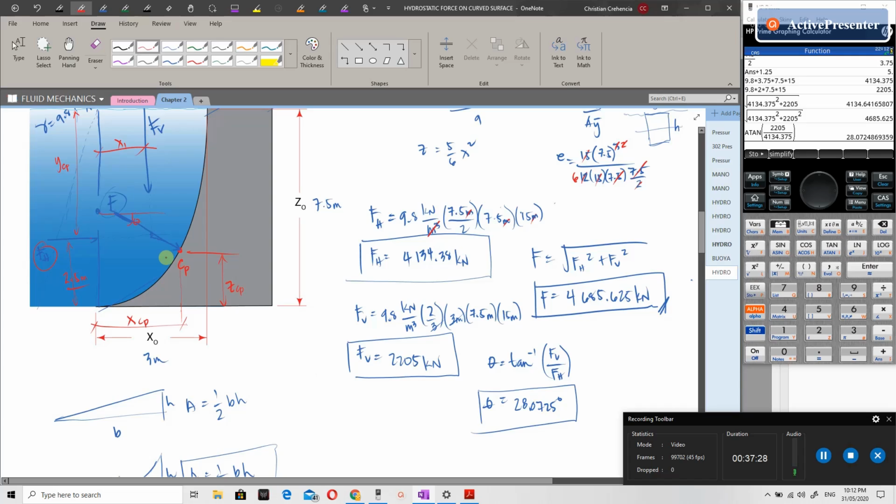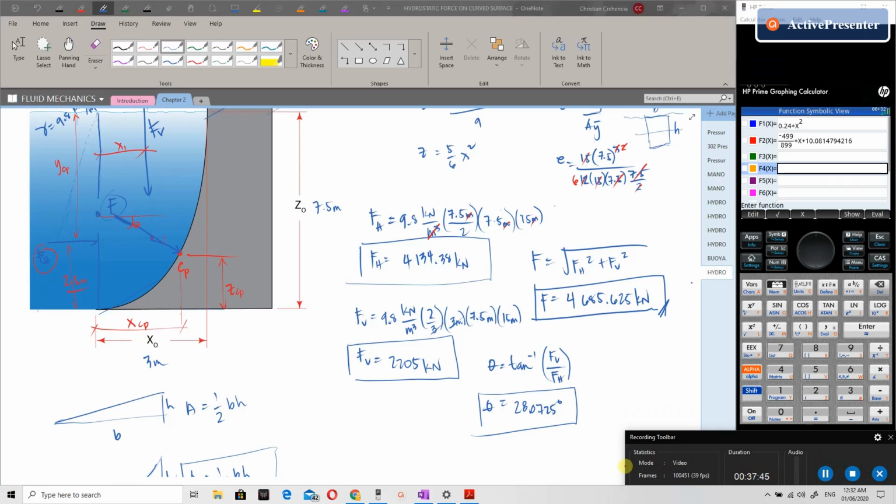Okay. So, kailangan natin ma-locate to kung saan yung location nitong point na to. Then, meron tayong angle. So, we should be able to determine yung location ng CP. Okay, so solve natin yung location ng CP.